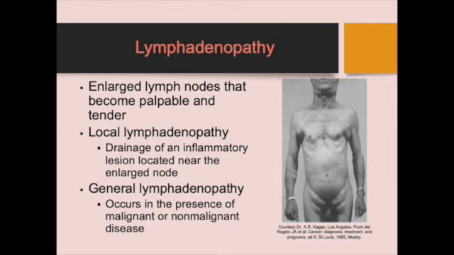If you have a patient with localized lymphadenopathy, this indicates that there's some type of drainage in that area associated with an inflammatory response, or maybe an infection. This is called a reactive lymph node. Generally, lymphadenopathy occurs less often and is usually seen in the presence of infection, autoimmune disease, or disseminated malignancy.